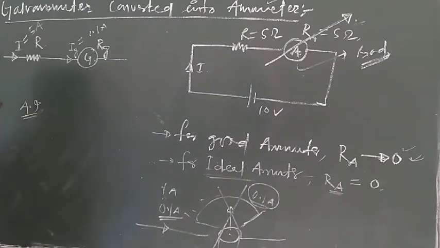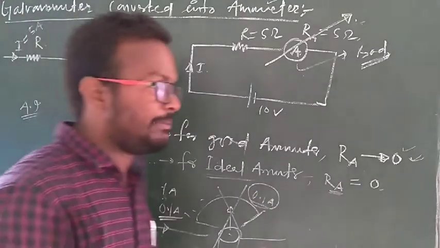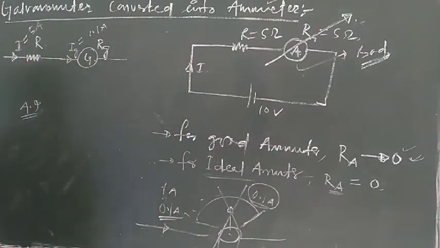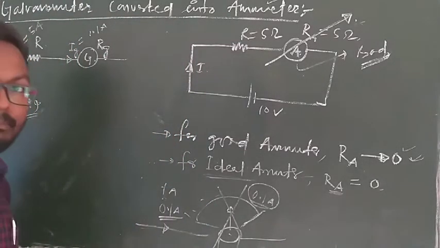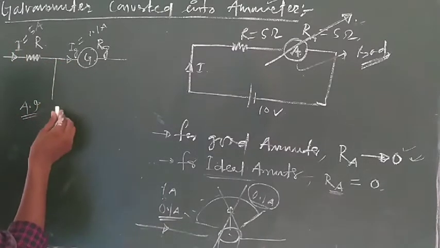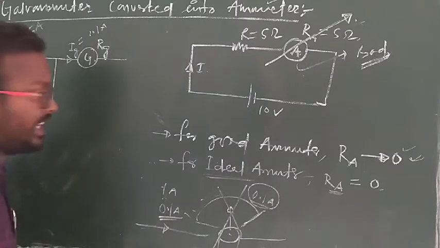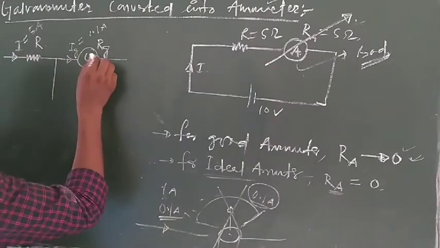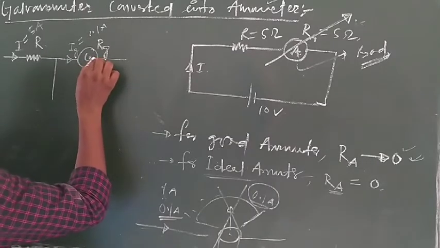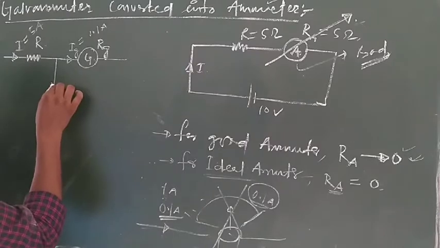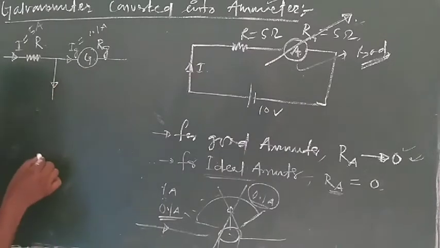We know that with two branches in parallel connection, the current divides. So if galvanometer allows 0.1 ampere, the remaining current can flow through the other path.